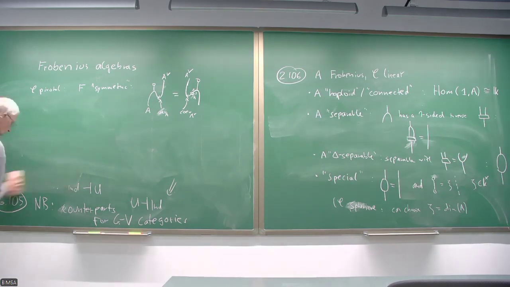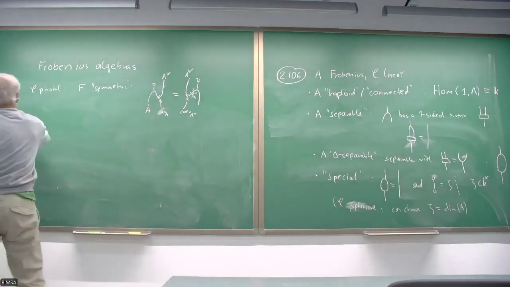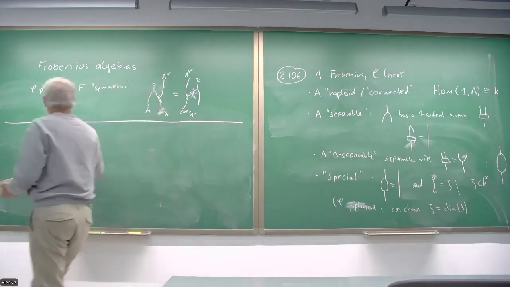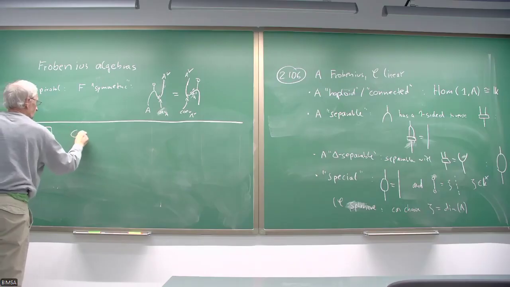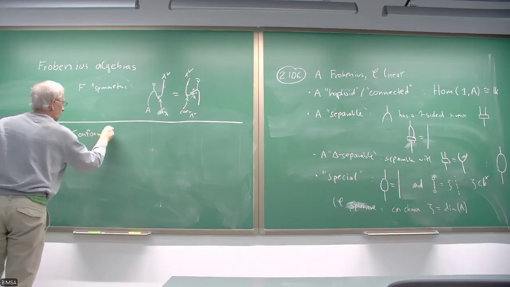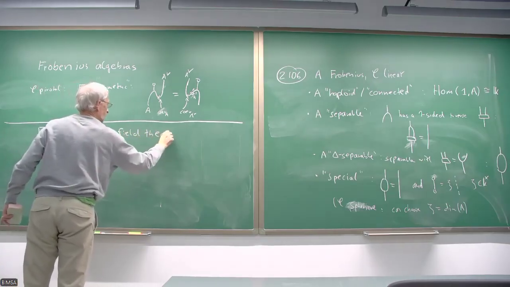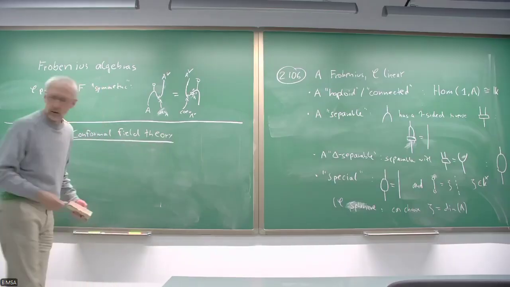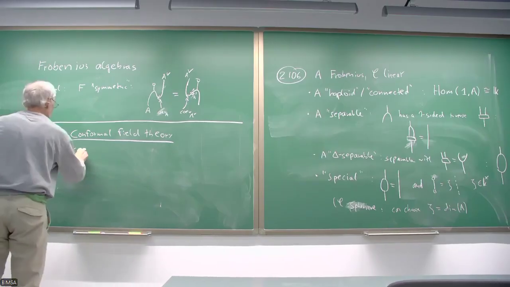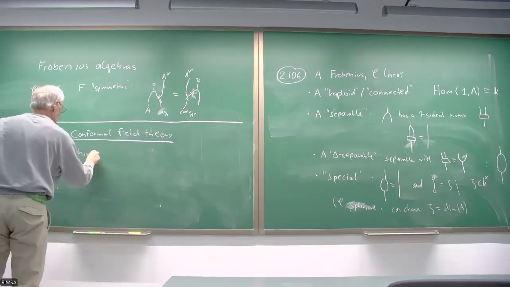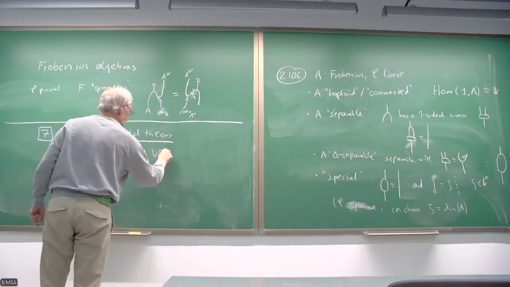And now we come to a new concept example, which is about conformal field theory and related topics. And the first part of this will be about chiral CFT, I will abbreviate conformal field theory by CFT, and vertex operator algebras.